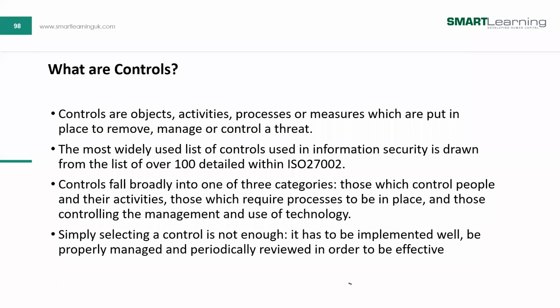Okay, so you get a list of controls in 27002, and you remember 27002 is an exact expression of the annex in 27001. The annex in 27001 is actually what is 27002 with a little bit more information on how to implement the controls.